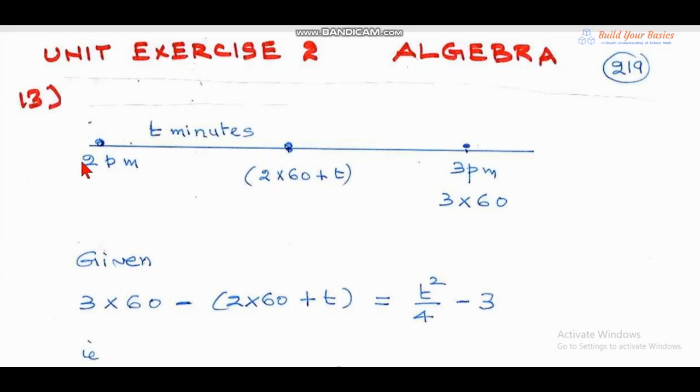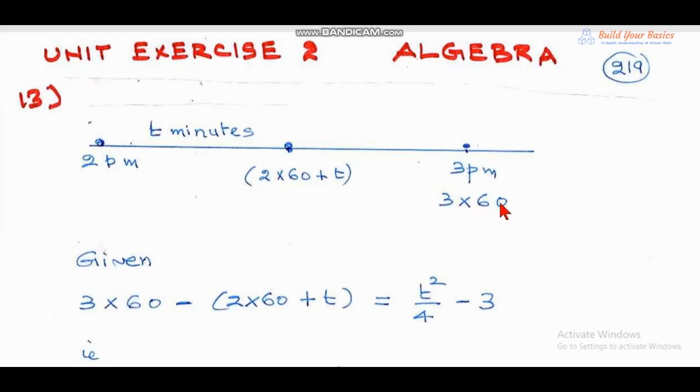Now t minutes past 2 p.m., the time required, time needed to 3 p.m. What is 3 p.m.? 3 into 60 minutes. The time to reach 3 into 60 is 3 minutes less than t squared by 4.